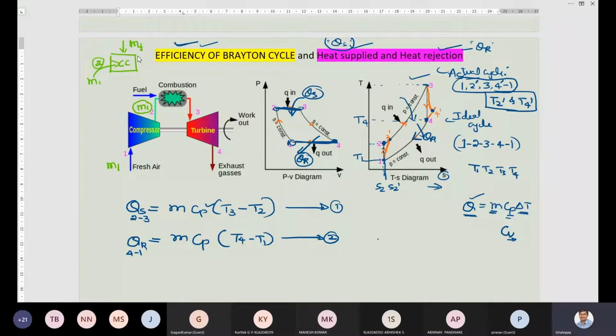Once you supply the mass of fuel with high pressure air, that is m1, combustion starts and you will get gases. Just tell me what will be the mass of gases: whether it is m1, or mf, or the mass of gas is equal to m1 plus mf.